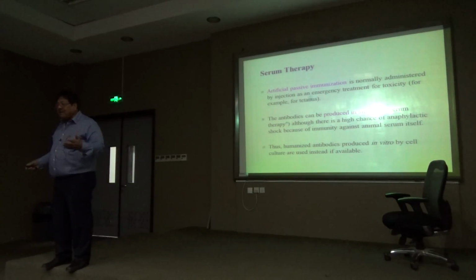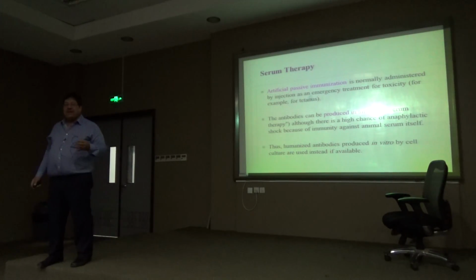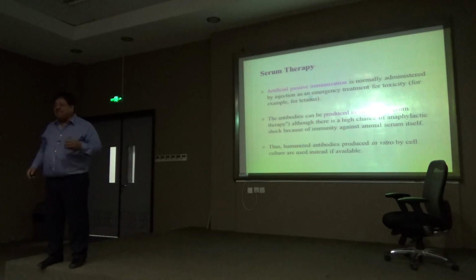I'm not saying everyone. It's rare, but it can happen. Also, it can give us serum sickness. It can give us sterile abscesses, not contaminated. So anything to do with taking antibodies from the horse or other animals and giving them to humans has a certain amount of risk.